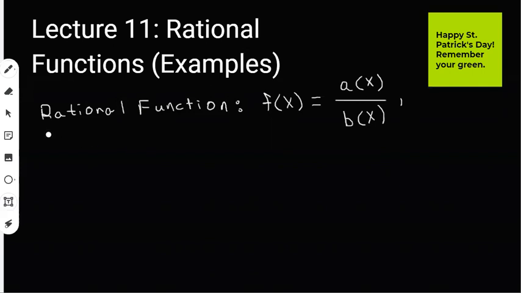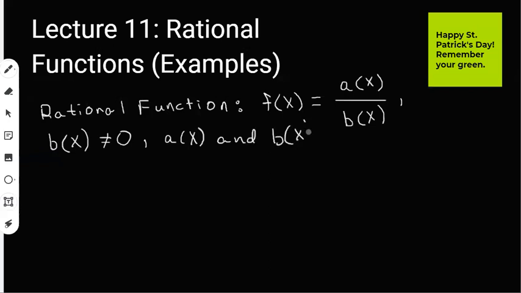But this is only defined if b of x is not equal to 0, because if b of x was 0, then you would be dividing by 0. Also, you have to assume that a of x and b of x have no common factors.